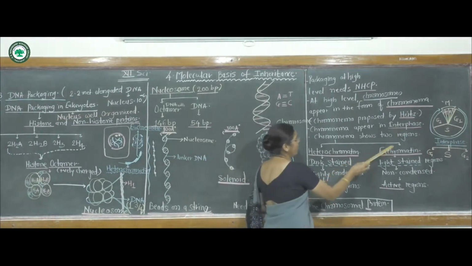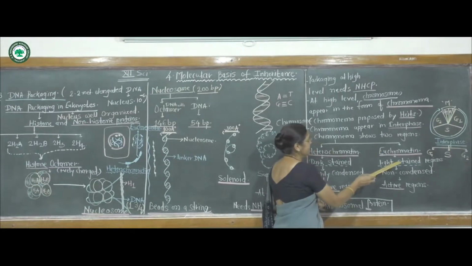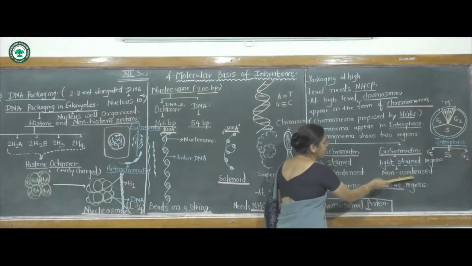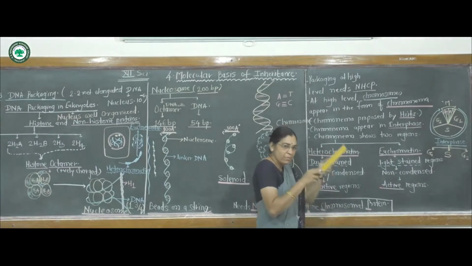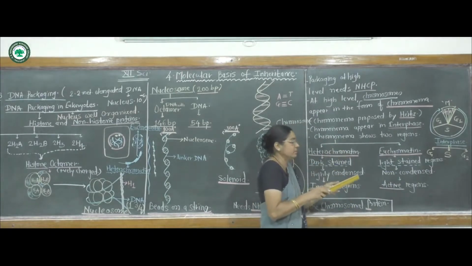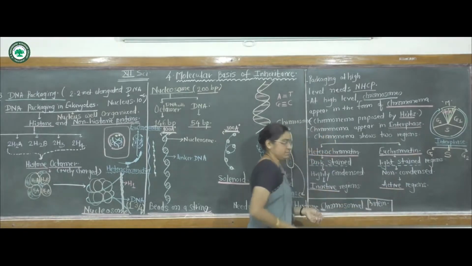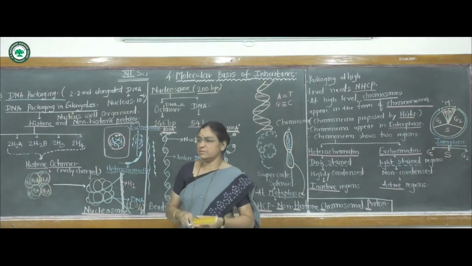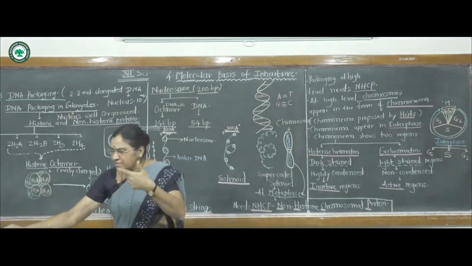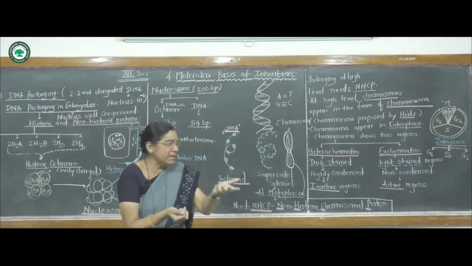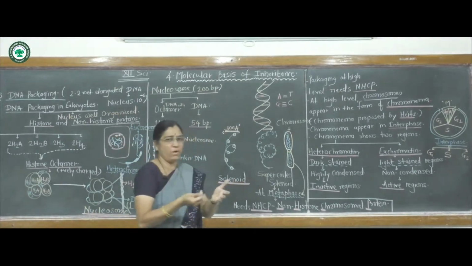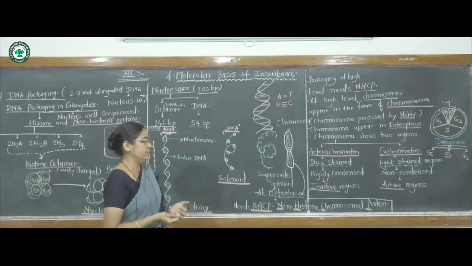But the euchromatin, very light stained region, and which are the non-condensed region, that means somewhat the loosely the regions are present, and which are the active regions. Then question arises, what is the meaning, the significant meaning? The active region means what? What is the role of the active region?